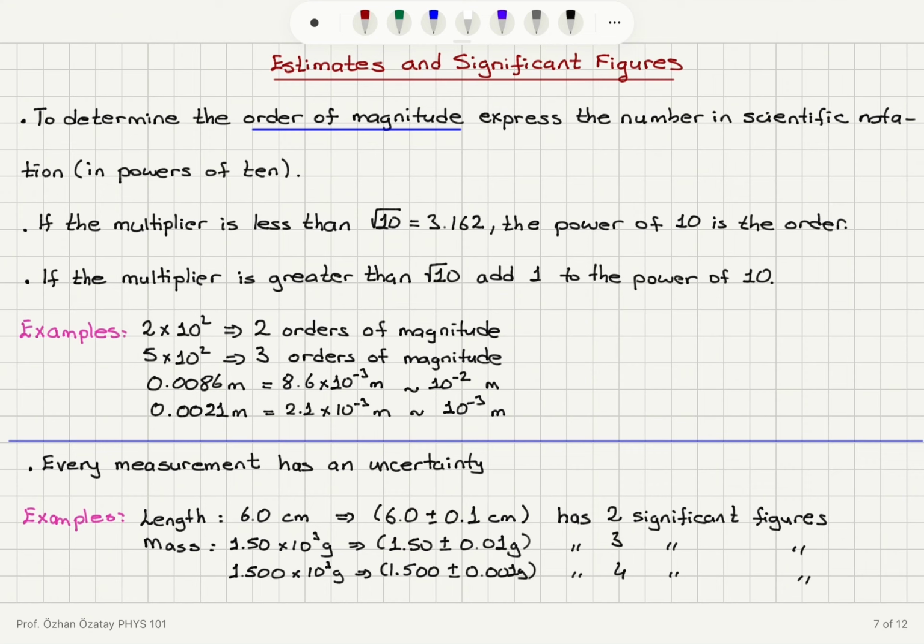So this has two significant figures because there's the 6 and 0, so we're using only 2 digits, so we have 2 significant figures.